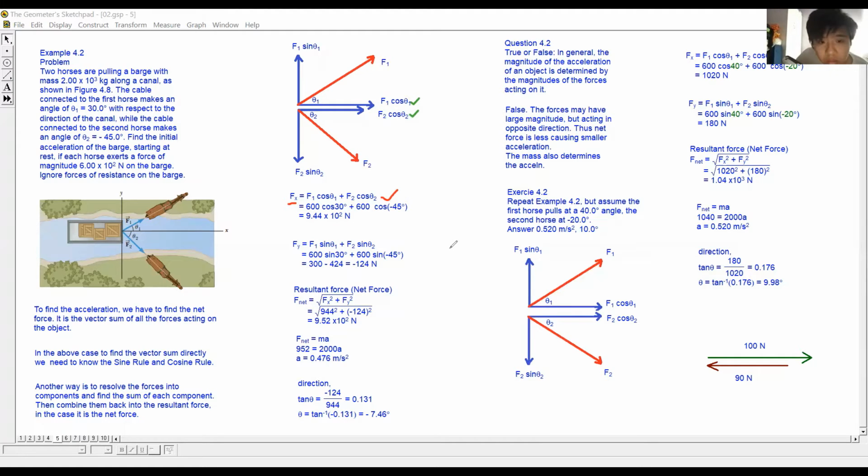Cos negative 45 is actually a positive number because negative 45 degrees is in the fourth quadrant. In the fourth quadrant, cosine is positive, so you will get a bigger number. Can you get the same number, 9.44 times 10 to the power 2, or 944?